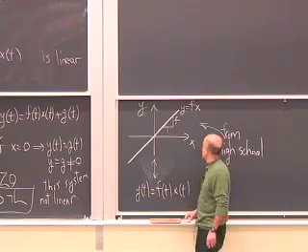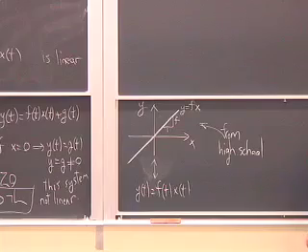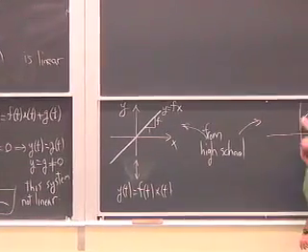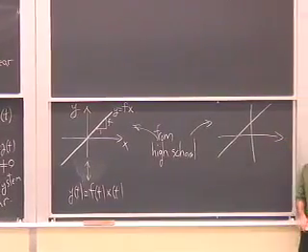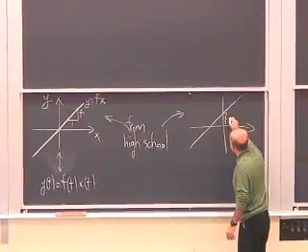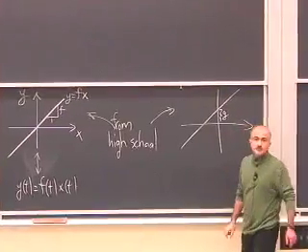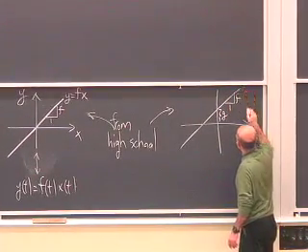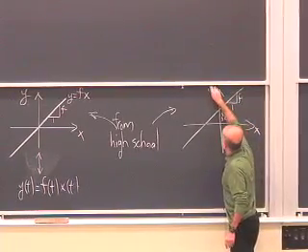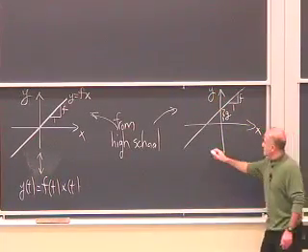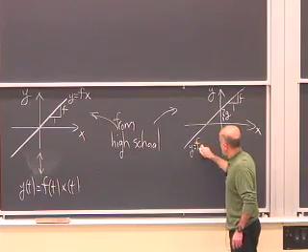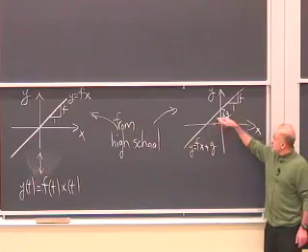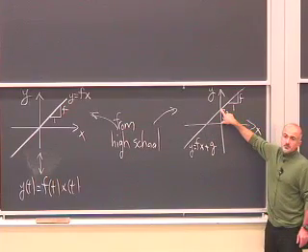Now, compare that with, again, high school, where you had straight lines that had a y-intercept. Same slope. In this case, y was f times x plus g. When x was 0, you'd get the y-intercept. It wasn't 0.